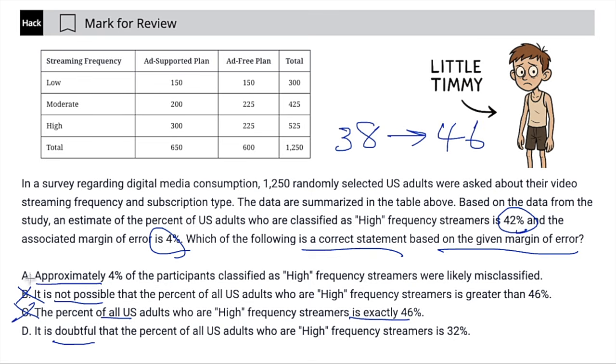So if we look at choice A, it says approximately 4% are misclassified. That actually has nothing to do with margin of error. So a little bonus tip for you, make sure you actually know what margin of error is. And then choice D, it is doubtful that the percent is 32%. Since our margin of error's lowest percent would be 38, it is doubtful that it would be all the way down to 32. So that is our answer, choice D.